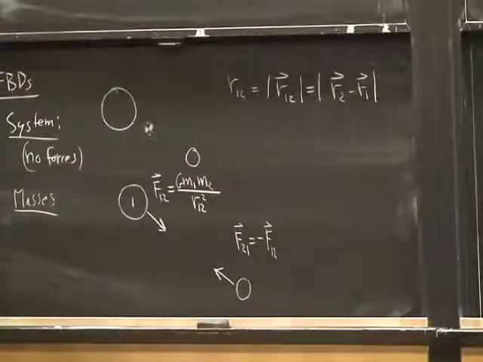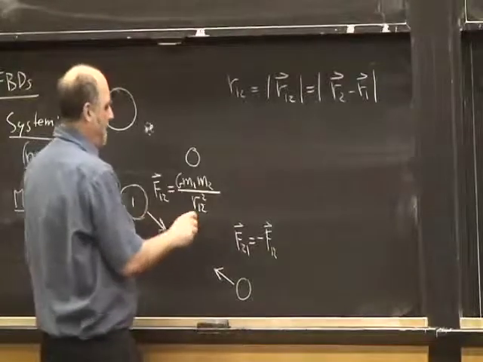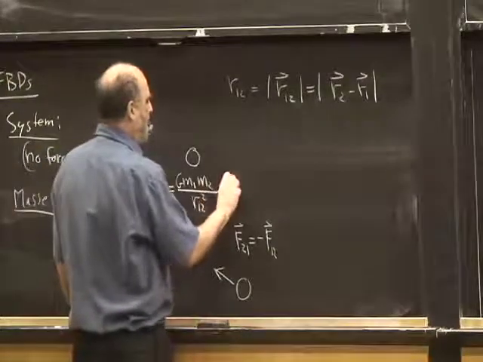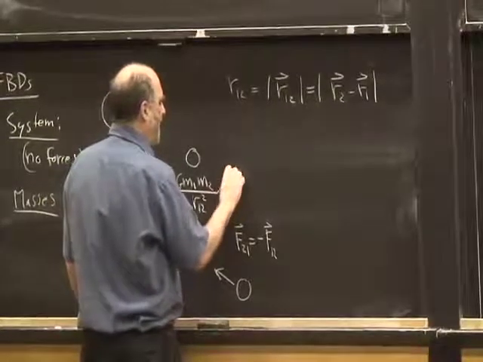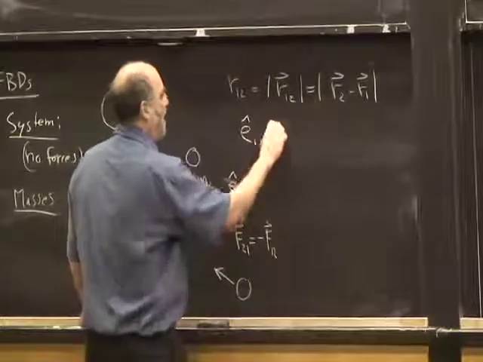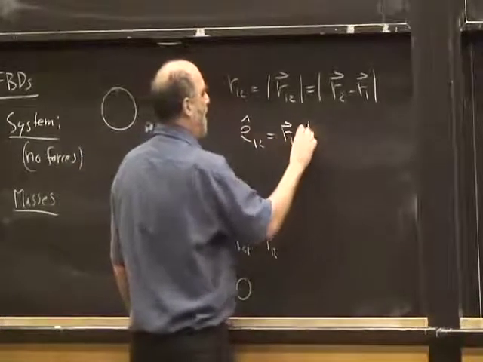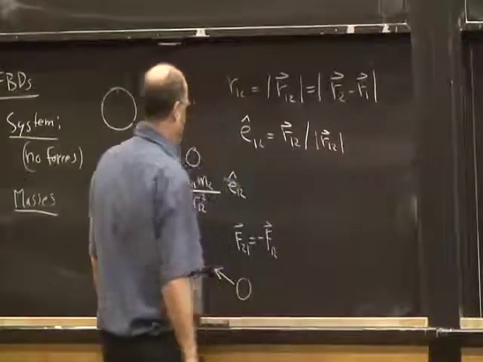And that's that distance. And then what direction is it? It's in the direction of, I'll just call this E12. So I'll define E12 to be R12 divided by the magnitude of R12.